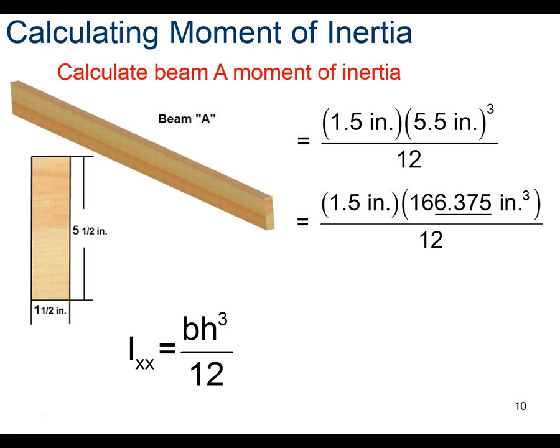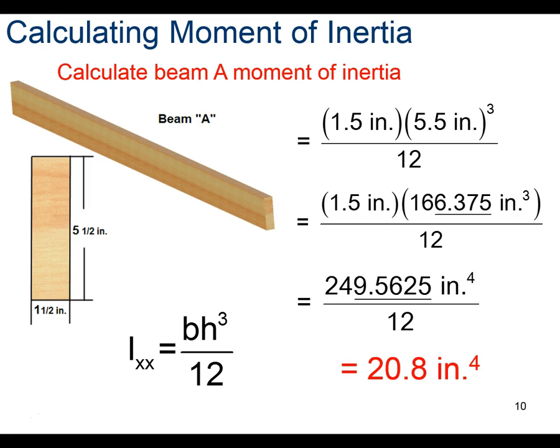Cubing the height gives us 166.375 inches cubed. And when we multiply this by the base of 1½ we get about 249.5 inches to the fourth. Finally, we divide by 12 to get our final answer of about 21 inches to the fourth. So beam A has an area moment of inertia of about 21 inches to the fourth.